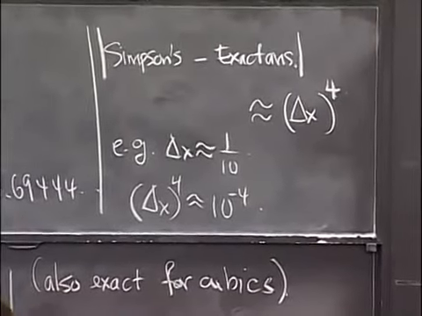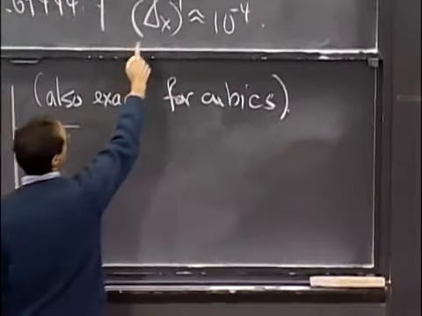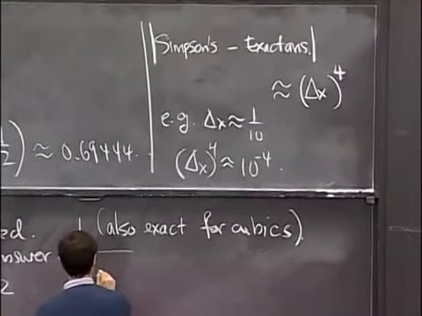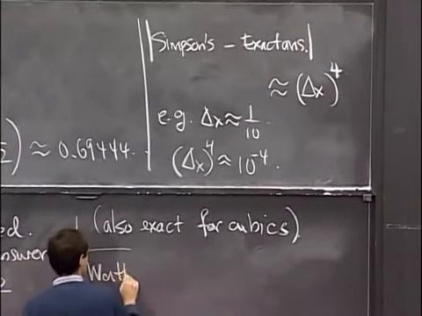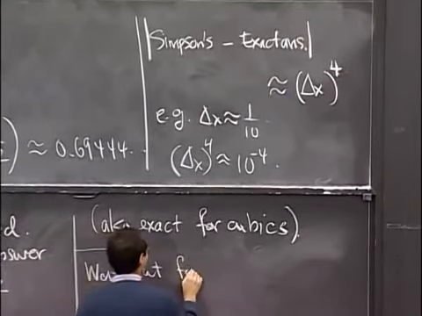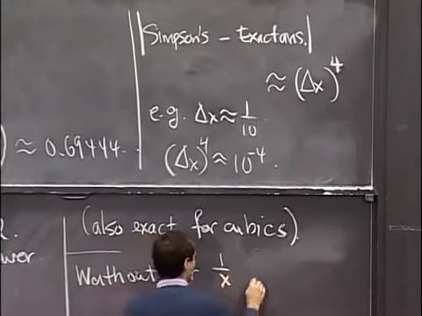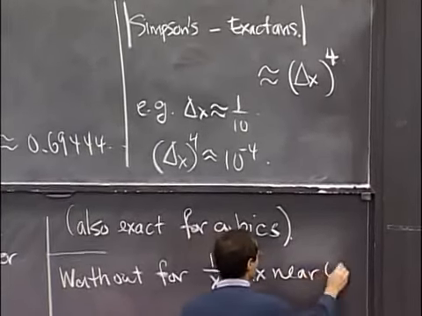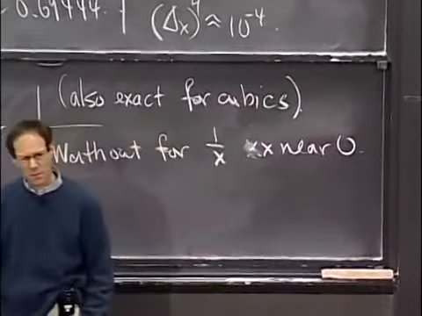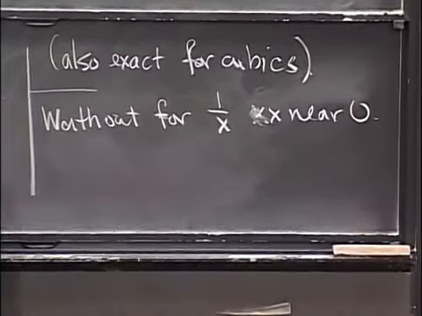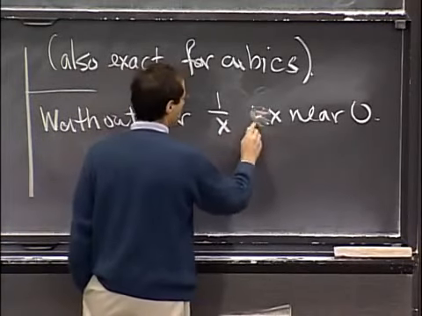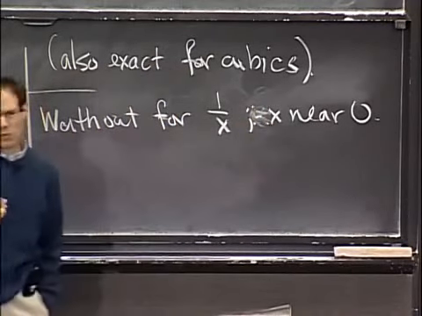The last thing that I want to point out is that this is extremely vague, what I said there, and you should be a little bit cautious about it. You need to watch out for 1 over x for x near 0. All bets are off if the function is singular and there's a lot of area under there. And it's also true that if the derivative messes up, you're in trouble too.